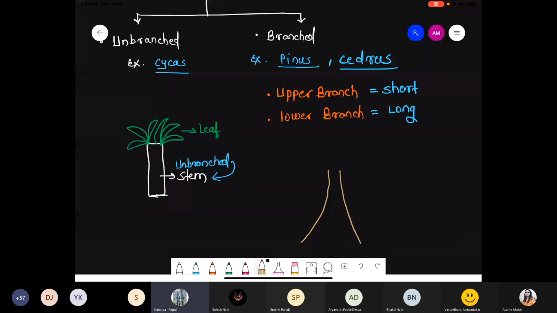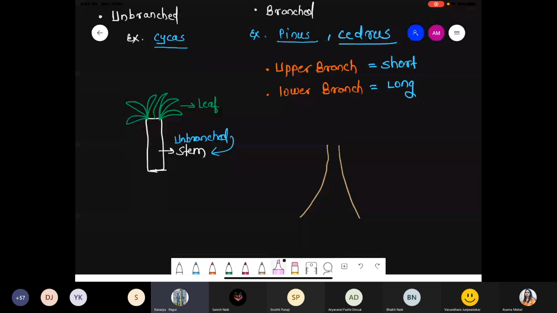Suppose a cone shape. I'll represent these as a cone, because I want to discuss the meaning, just imagine the Christmas plant arrangement. If you see the Christmas plant, toward the lower side, long branches are present.